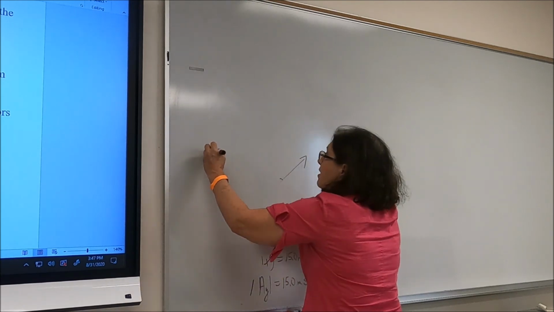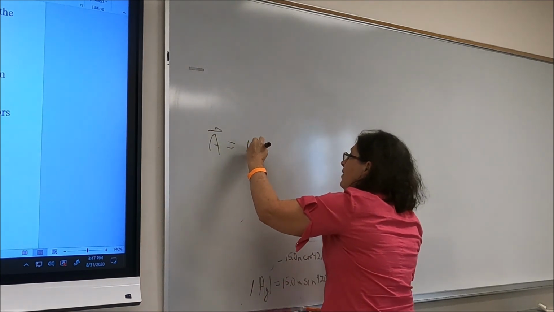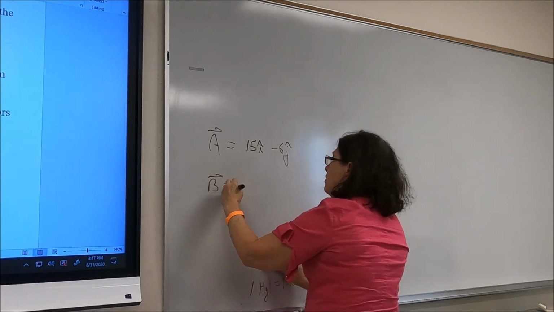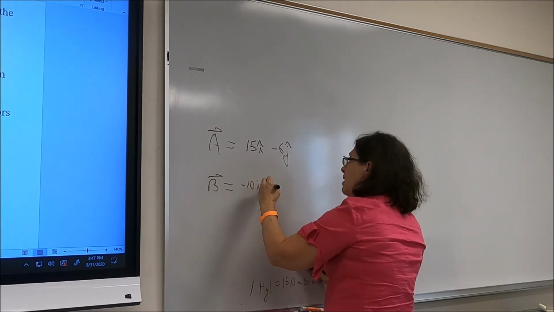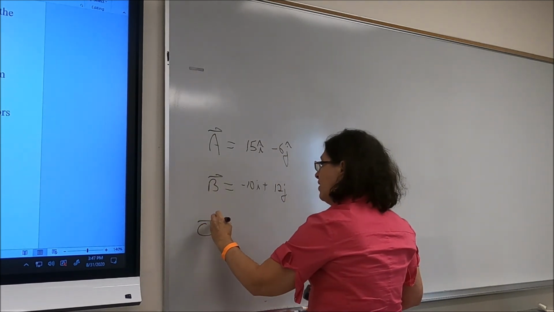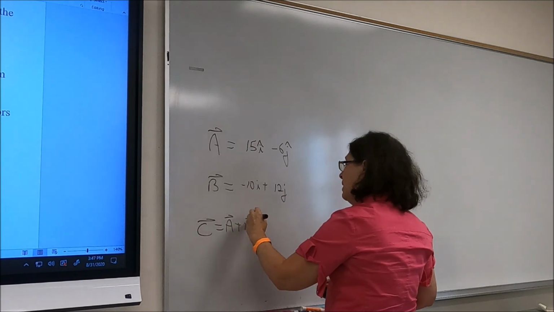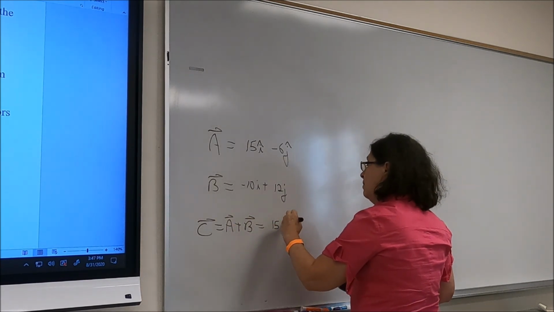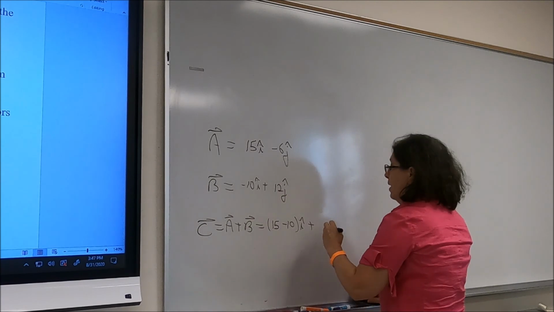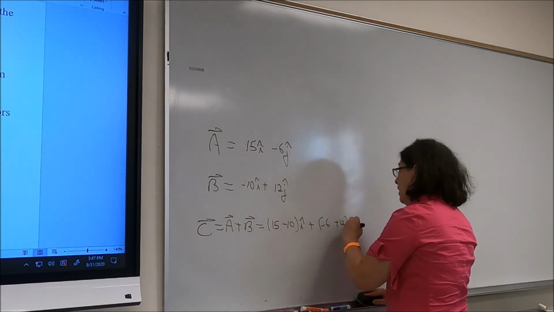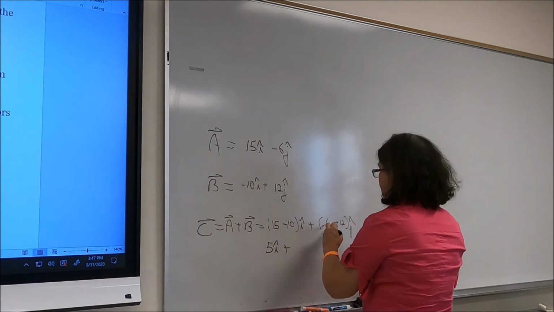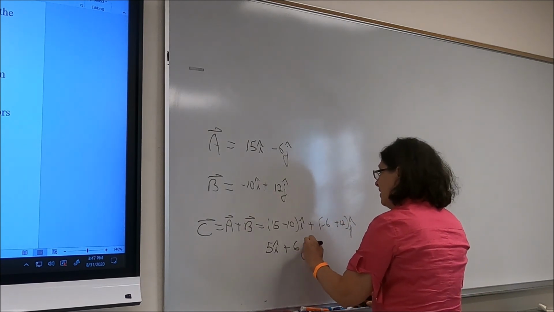So if vector A was written as 15I minus 6J, and vector B's components were minus 10I plus 12J, then vector C, which was A plus B, would be 15 minus 10 I plus minus 6 plus 12 J. So 15 minus 10 would be 5I, and minus 6 plus 12 is plus 6J.